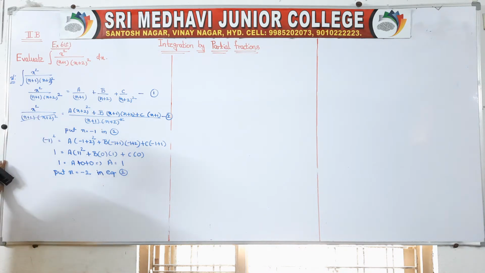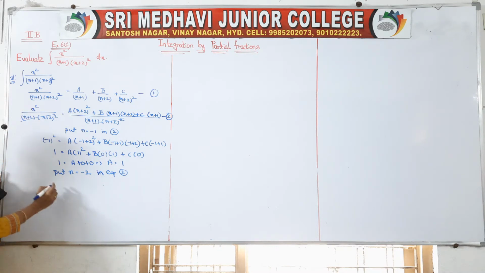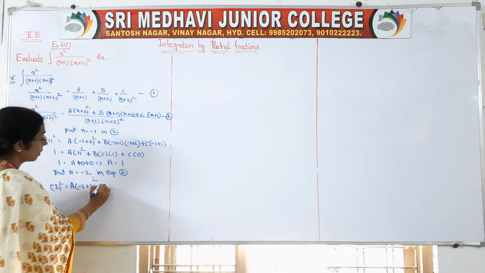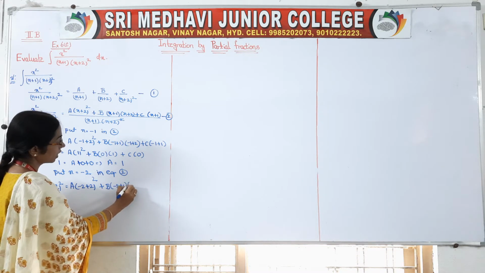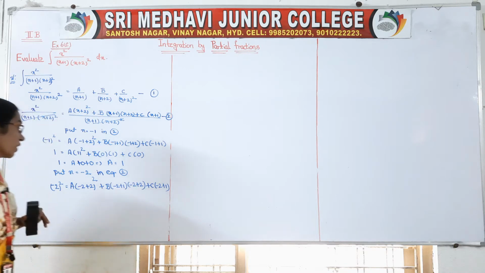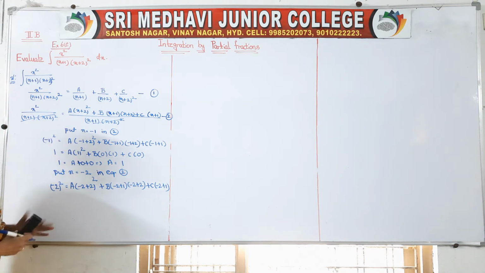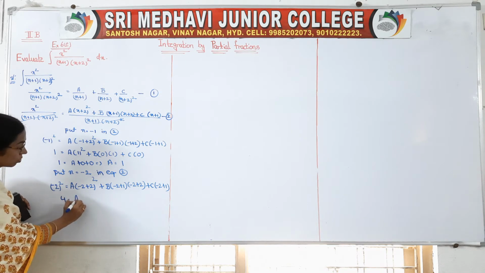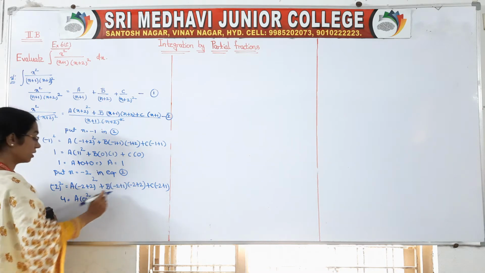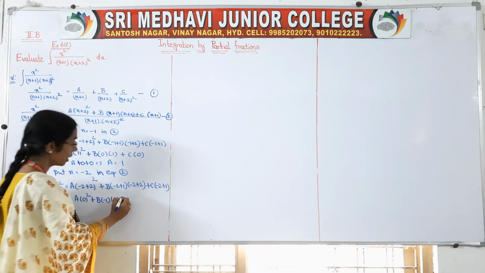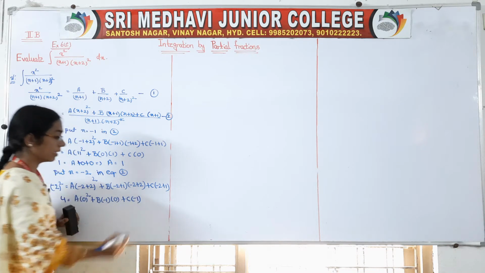On the left side, x square is there, so it is minus 2 square, which is 4, equal to A into (minus 2 plus 2) whole square, plus B into (minus 2 plus 1)(minus 2 plus 2), which is 0, plus C into (minus 2 plus 1), that is minus 1.